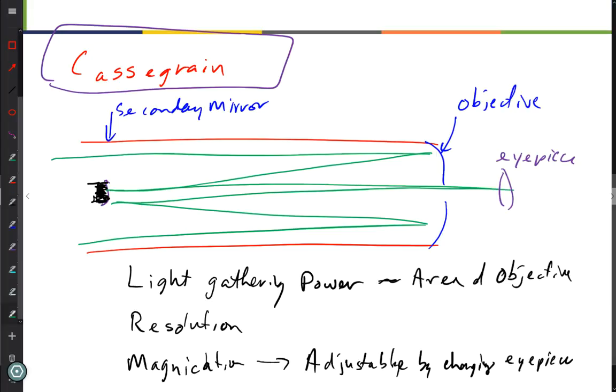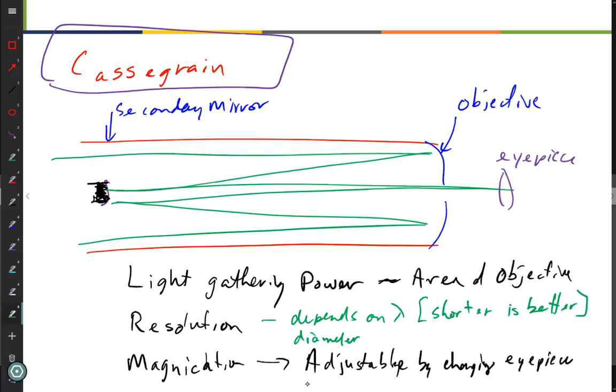The resolution, we should see on Monday, depends on the wavelength of the light. Shorter gives you better resolution. And the diameter of the objective.